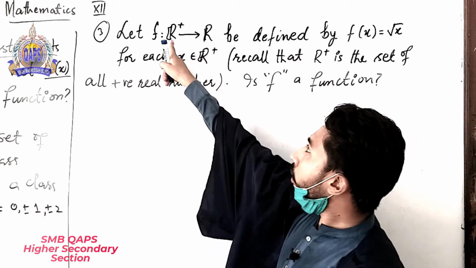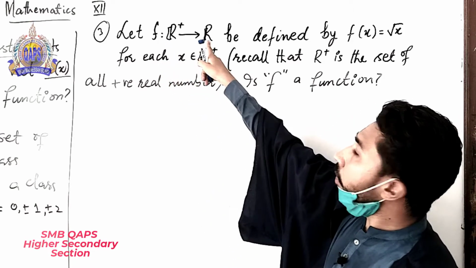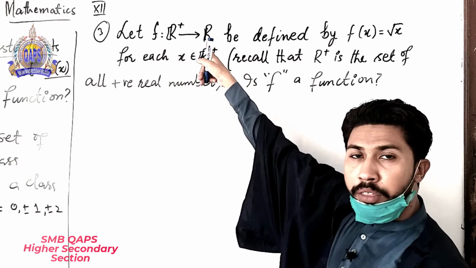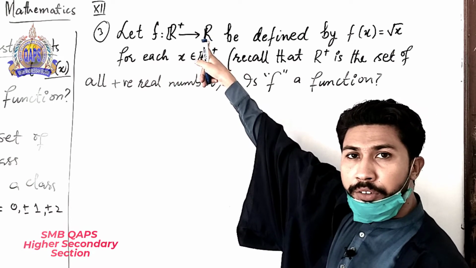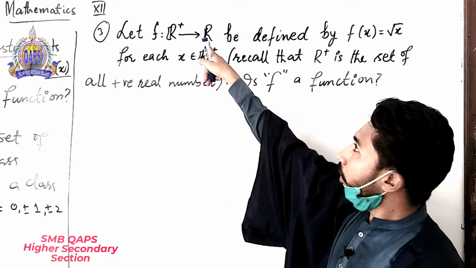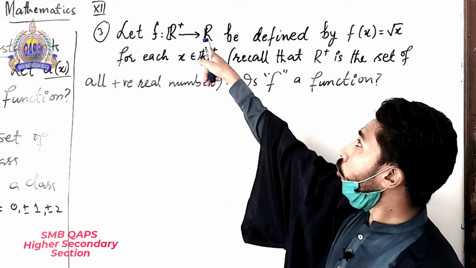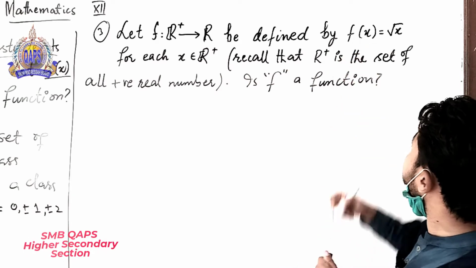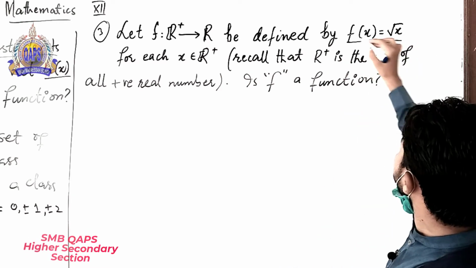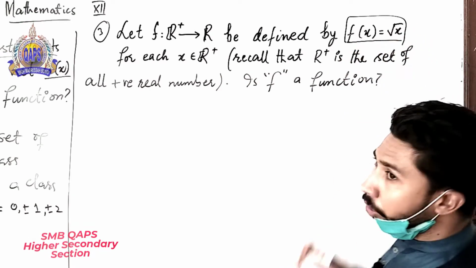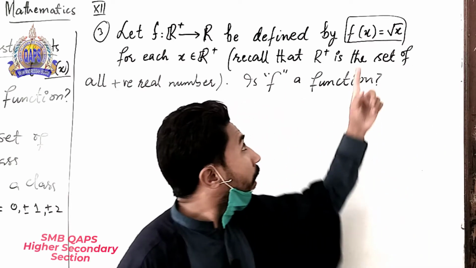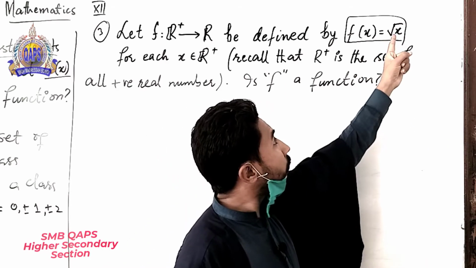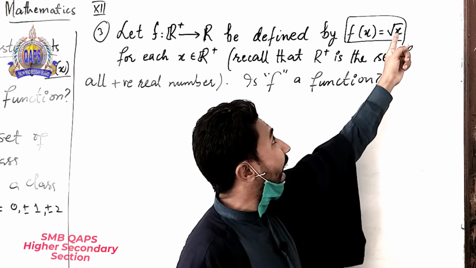So its outcome will be in the real numbers, which are either positive, negative or neutral, you can say 0. It is defined by the function f of x equals radical x, or you can say under root x.